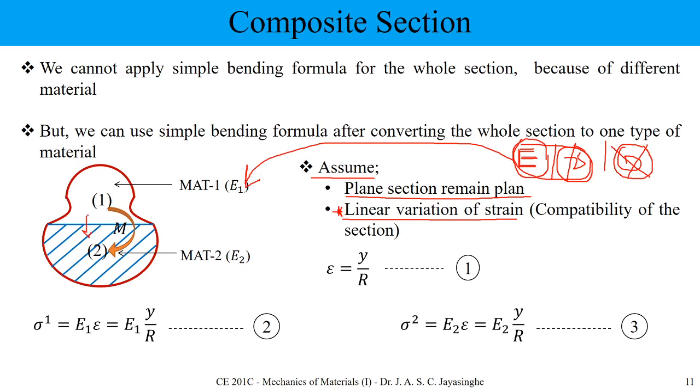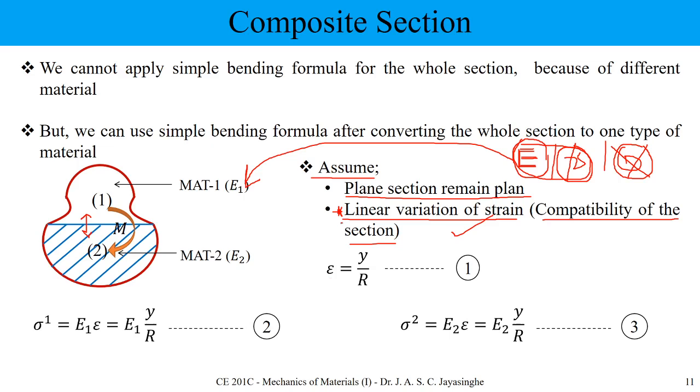In this layer there should be good compatibility, that means no slipping or no sliding. With such an arrangement, we can simply use the linear variation of strain condition. This is about compatibility of our section.